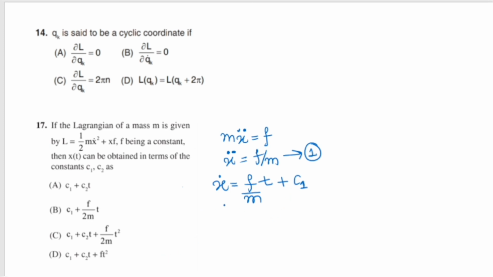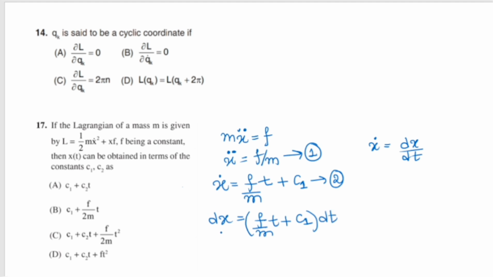Again on integrating this equation 2 we will get x. How? This x dot is nothing but dx divided by dt, right? So it will be dx, which is nothing but F divided by m into t. Previously I did the same thing. Now I am explaining a little more clearly to understand.